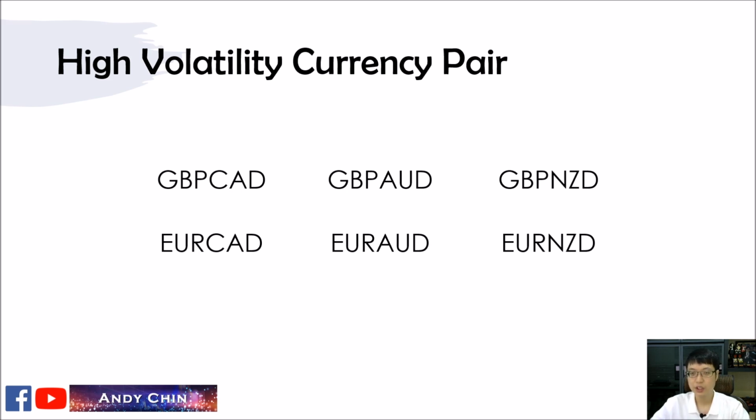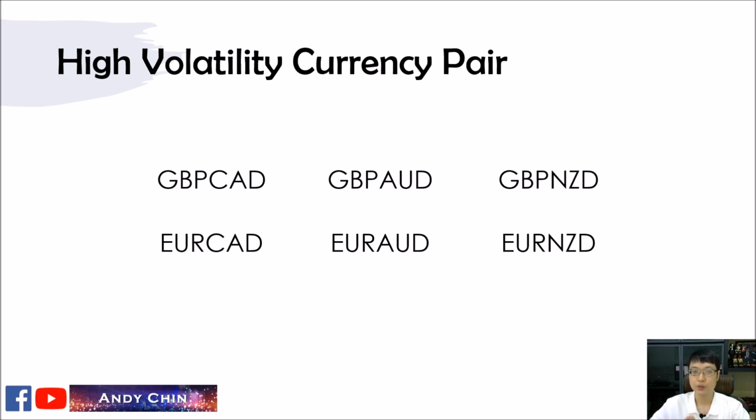So you can see the majority of the high volatility pairs is actually dominated by British pound and even Euro, crossed across Canadian, Australian dollar, and New Zealand dollar. But generally these 6 currency pairs are the ones that have the highest volatility among all the 28 pairs.